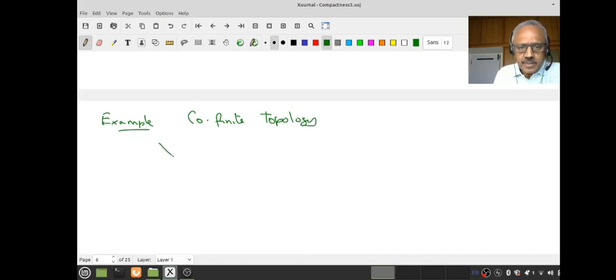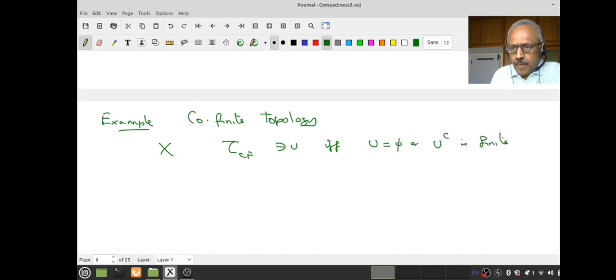Remember, X is a set with the cofinite topology: U belongs to it if and only if either U is empty or U complement is finite.